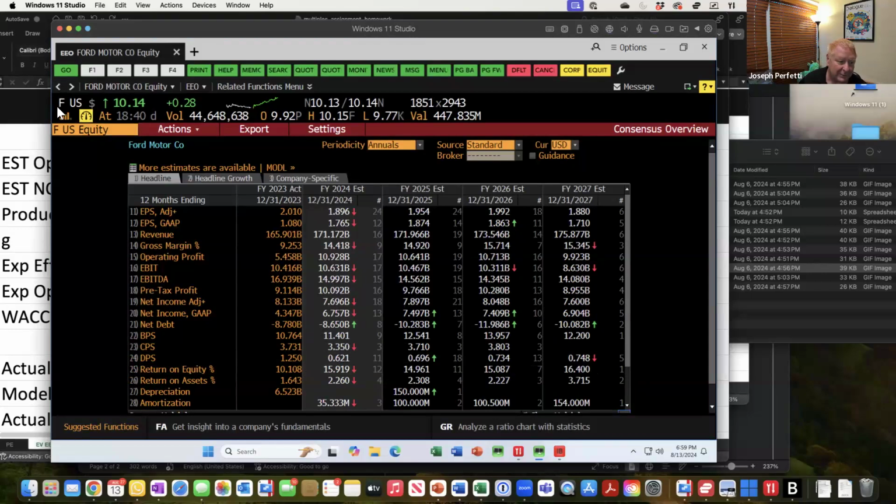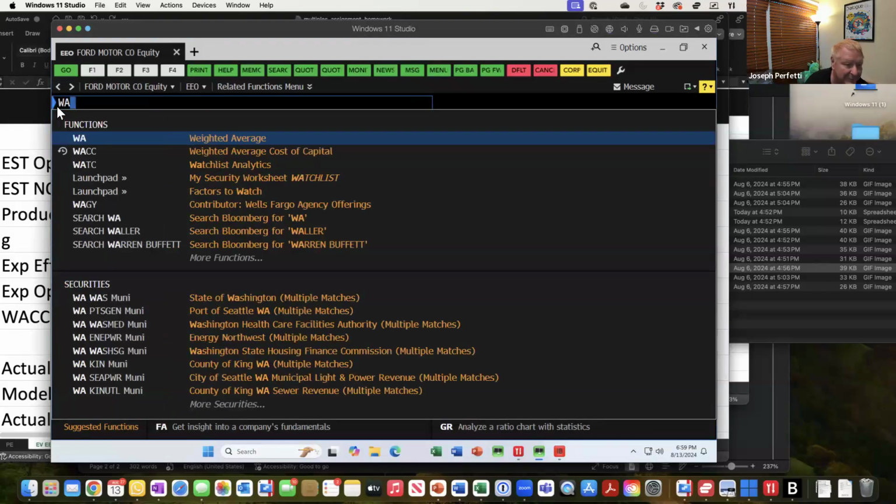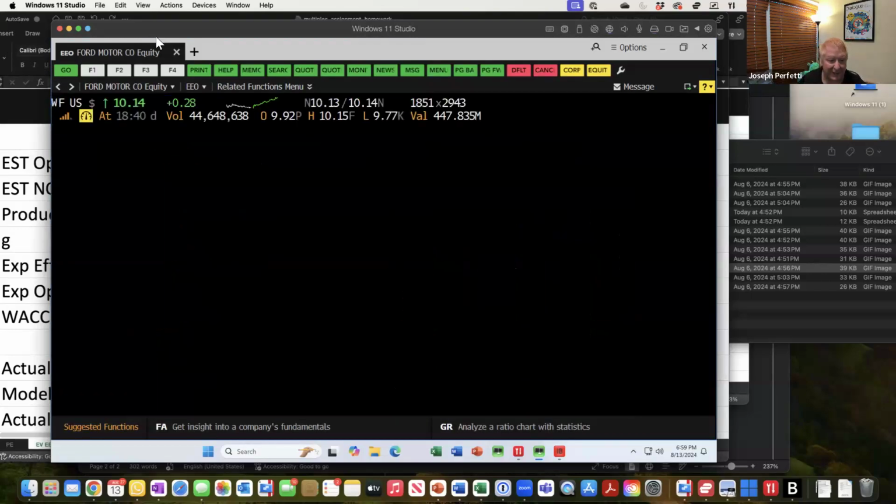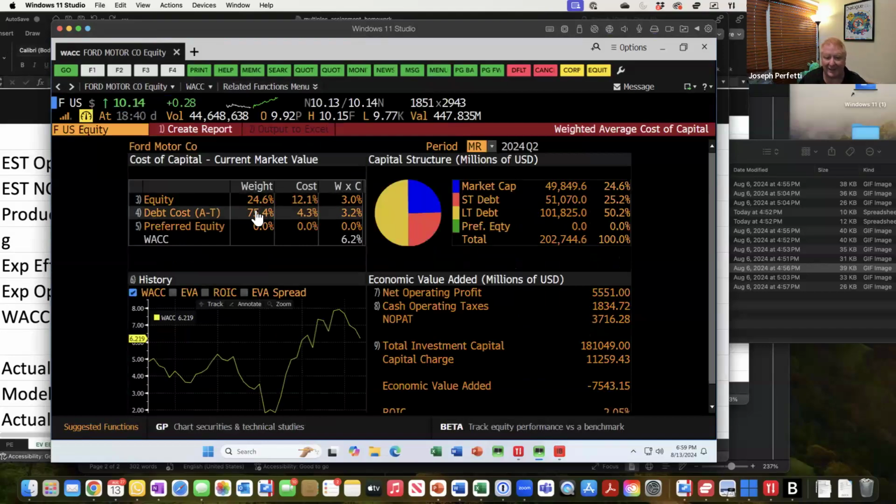Because Ford, unlike the other companies we've looked at, has a lot of debt in their capital structure. They're 75% debt, which means you're going to actually have a relatively low ROIC. And you can use that homework helper file I gave you to look at a correlation.